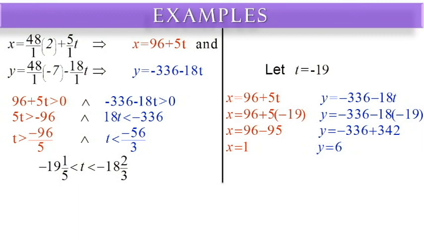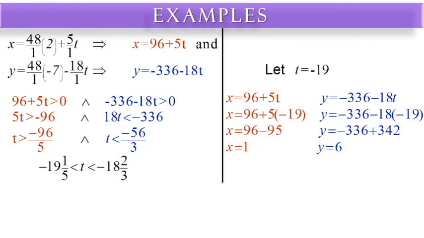And for the y, y is equal to negative 336 minus 18 times t. And we'll have negative 336 minus 18 times negative 19. So we have negative 336 plus 342.